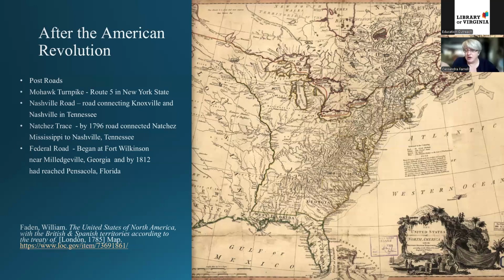It's a horse trail, but the idea was to connect the new capital of the United States with New Orleans, and to basically create a post road. So the federal road was really a post road, but it became a well-used highway in the South.